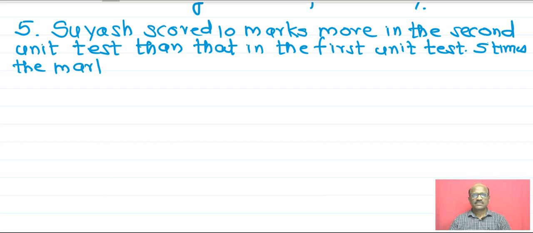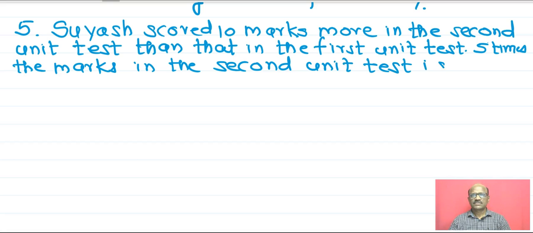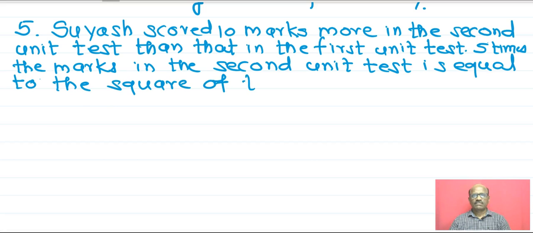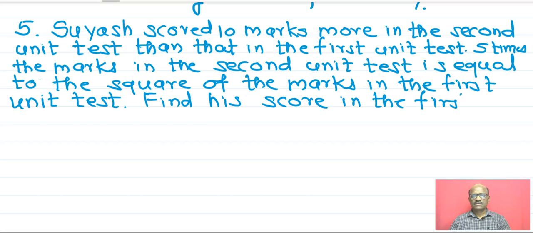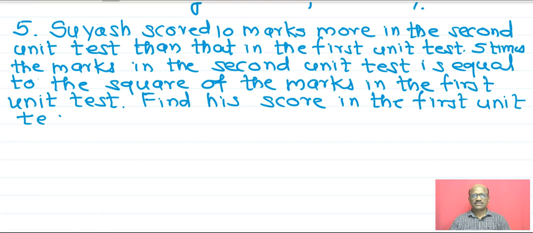Five times the marks in the second unit test is equal to the square of the marks of 10 in the first unit test. Find his score in the first unit test.